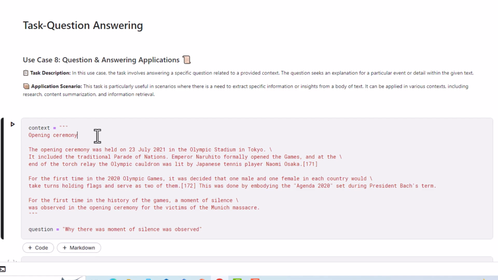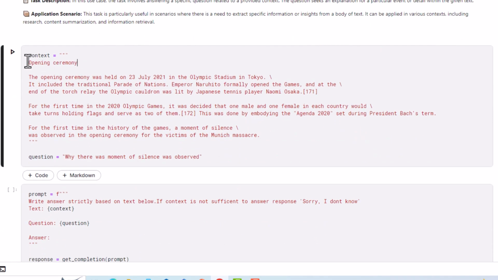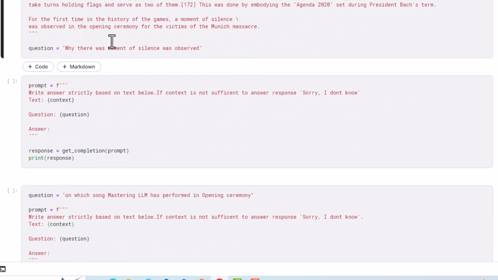The next use case we'll look into is called question answering. In question answering, you have a really long body or context and you want to ask very specific questions out of this context. So let's take one example where I have a context about an opening ceremony and I have a question: why was a moment of silence observed? So now I write a prompt saying write answers strictly based on the text.